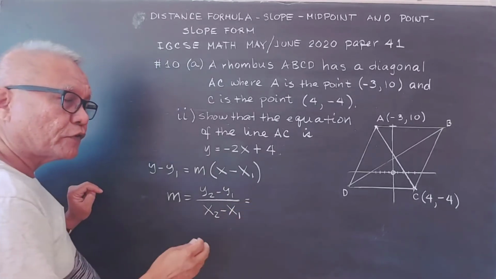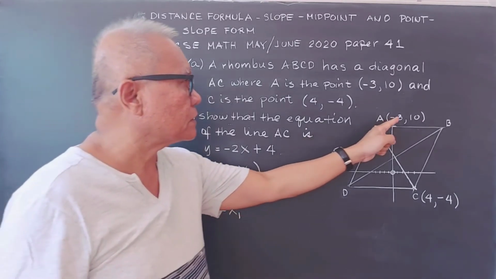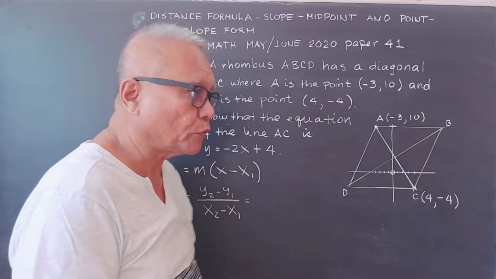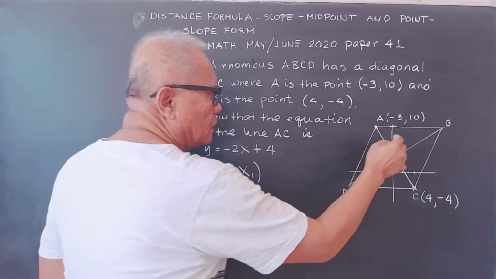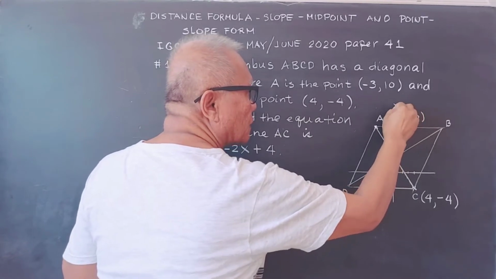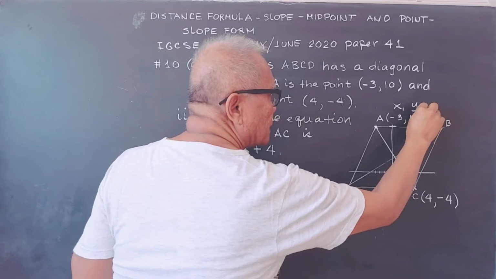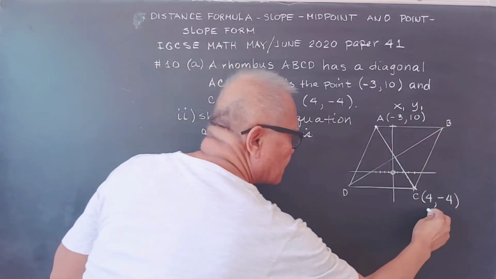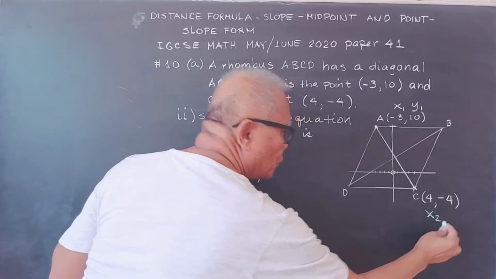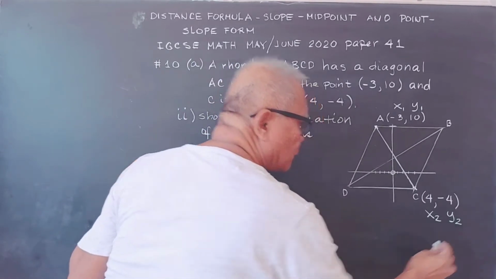Okay. So first, we need to find the slope. So let us put labels here for points A and B. So let us have this one as our x sub 1, 10 is our y sub 1, 4 is our x sub 2, and negative 4 is our y sub 2.